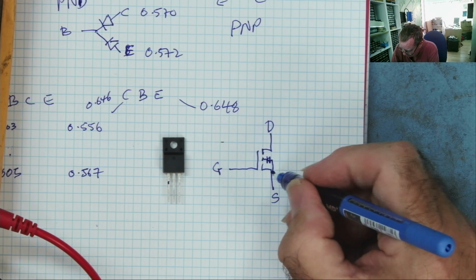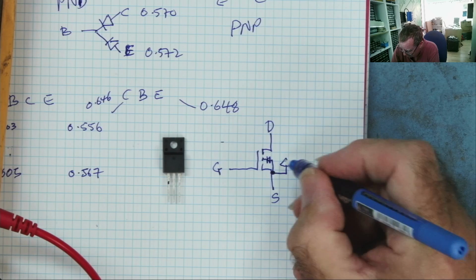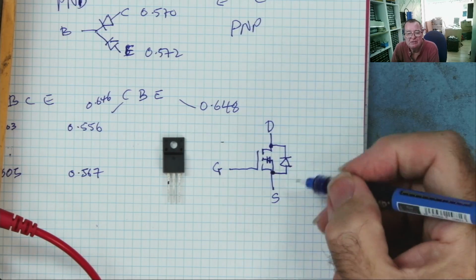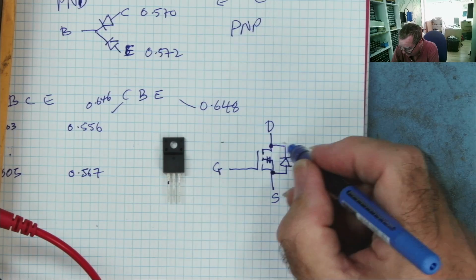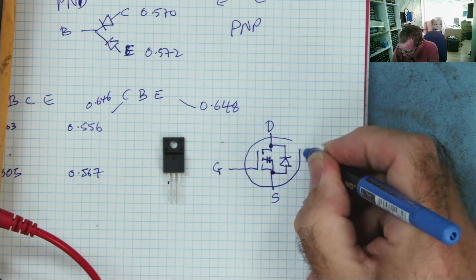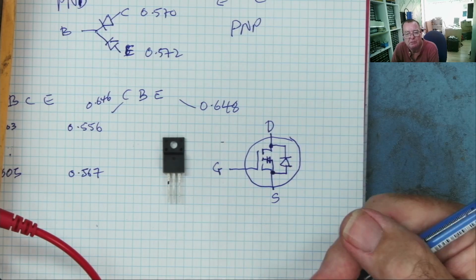Now, on an N channel, the parasitic diode is like so. This is not a diode that they put inside the MOSFET. This is a byproduct of what makes up the MOSFET, the semiconductor junctions.